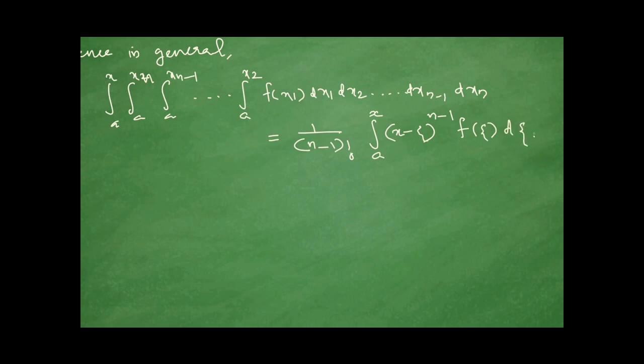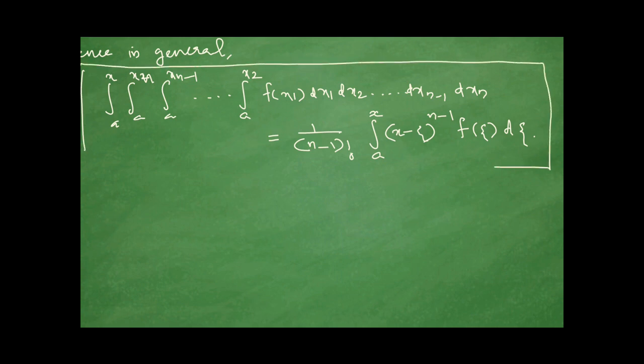So this is an important result which will be used for converting differential equations into integral equations. When we integrate twice, we will convert the double integral or triple integral into a single integral by using this relation.